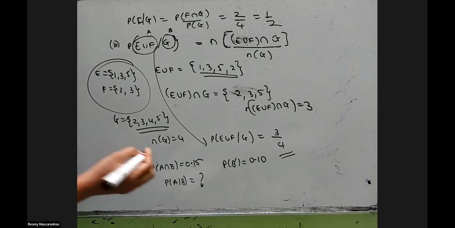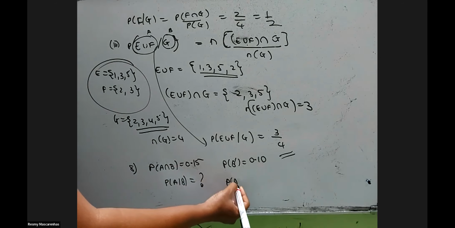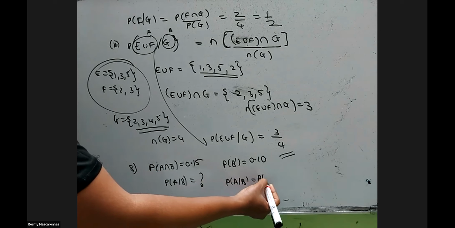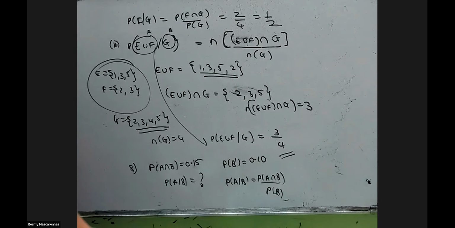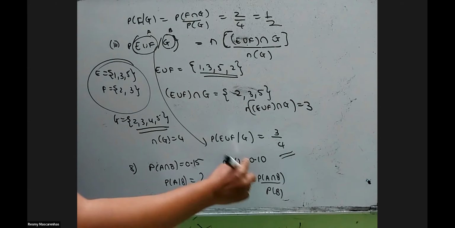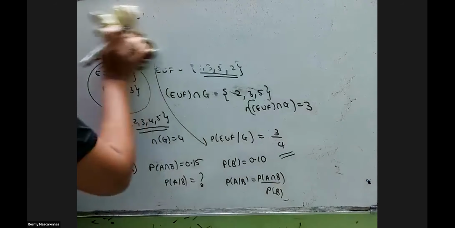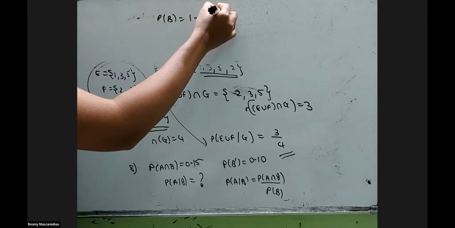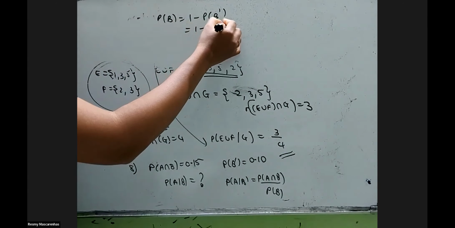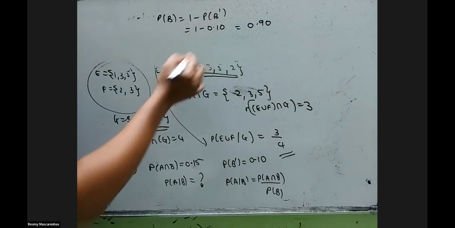Okay, so just apply the formula. P of A upon B will be P of A intersection B upon P of B. So you know what is P of B, you calculate. I'll put it here now.